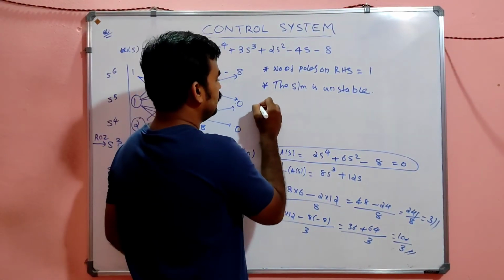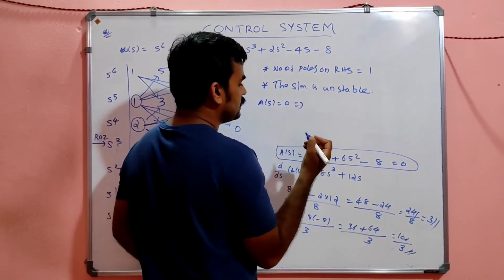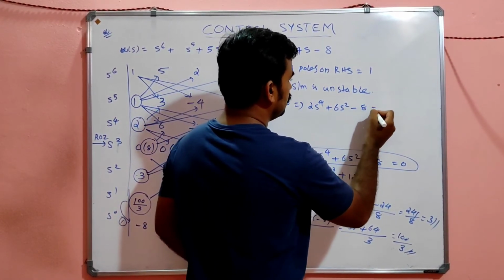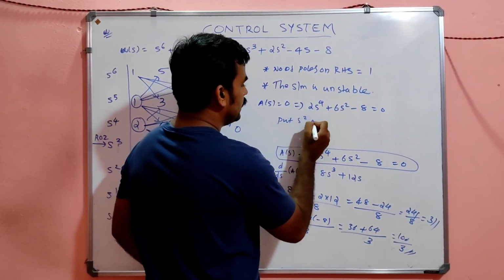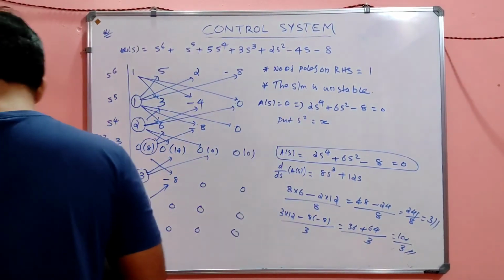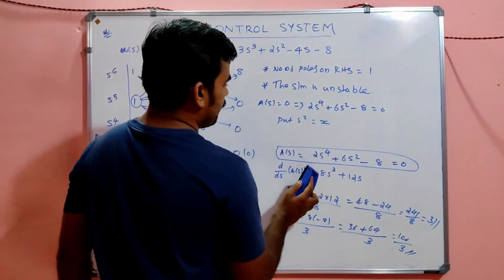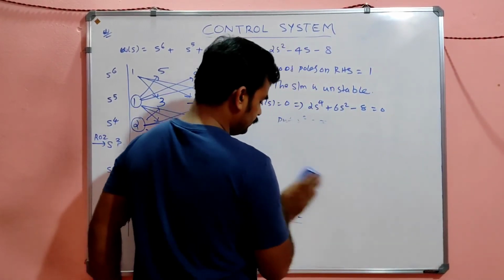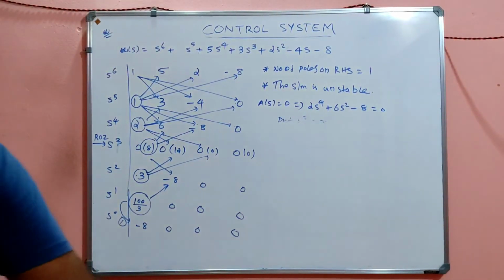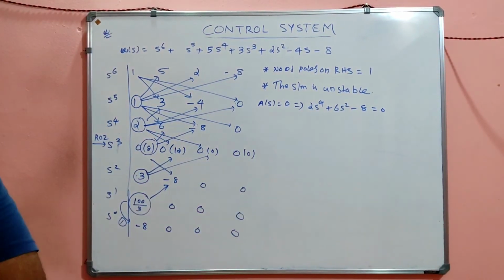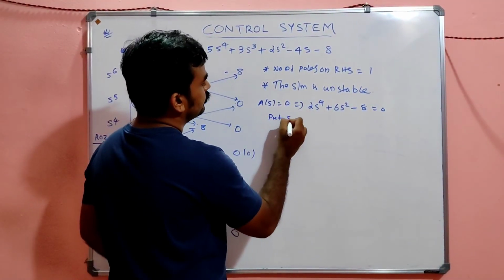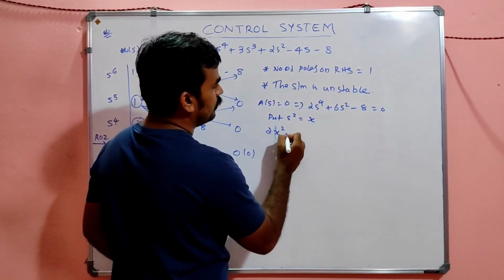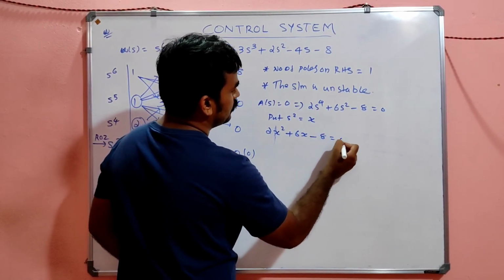Okay, let's solve that. A of s equal to 0 implies 2s raised to 4 plus 6s square minus 8 equal to 0. Put s square equal to x, my dear, for simplicity. So this equation will become 2x square plus 6x minus 8 equal to 0.